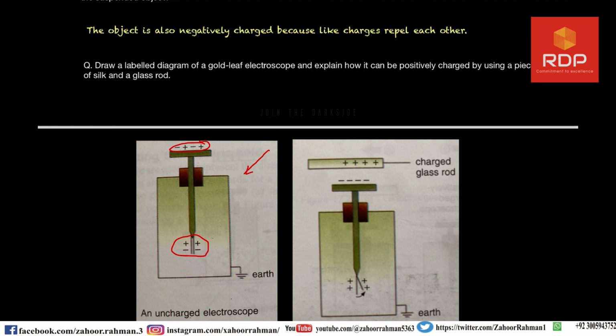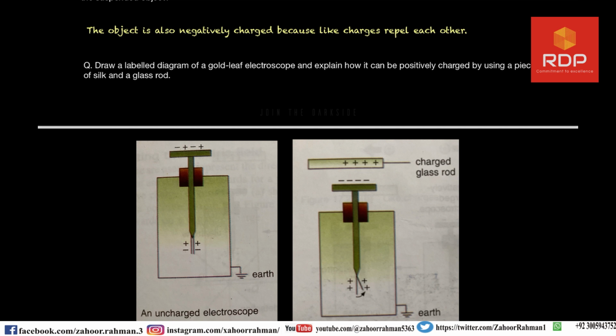It means they are attracting each other. Now the question is saying that you have a silk cloth and a glass rod and you have to charge this electroscope positively. How can we do that?